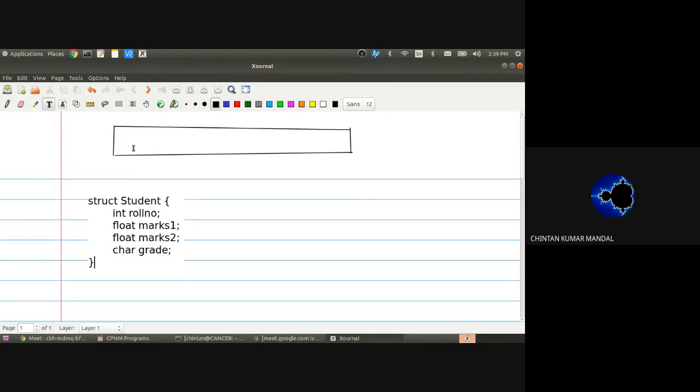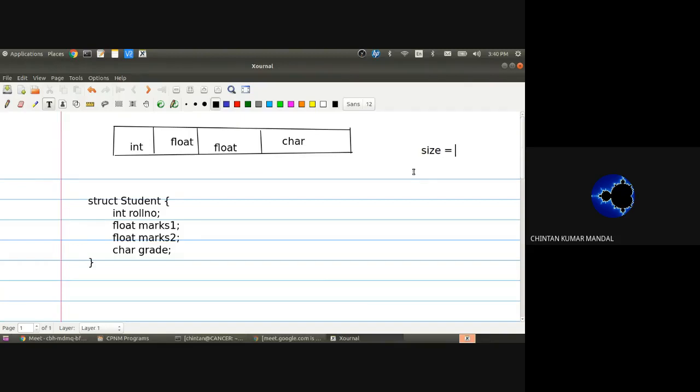This is 1, this is 2, this is 3 and 4. This will become an int, this will become a float, this will become a float, and this will become a char.